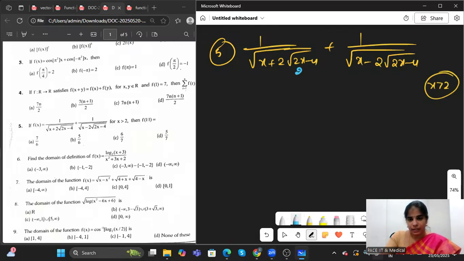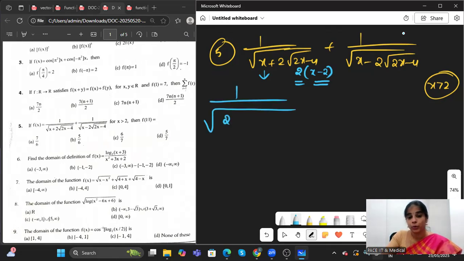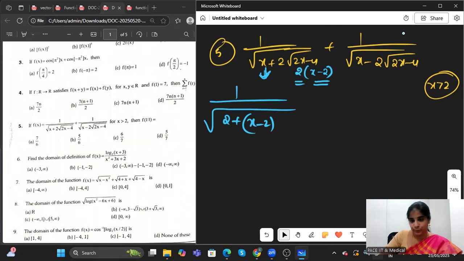Now, observe here, can I just split it like 2 times x minus 2? The product of these two, I am able to represent this x as a sum of the same values. So this is 1 by under root of x replaced like 2 plus x minus 2, agree with that? I am just replacing x with 2 plus x minus 2 in order to get it to that form, plus 2 root 2 times x minus 2.